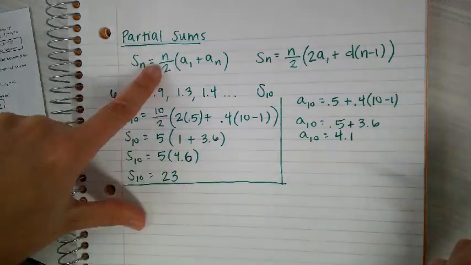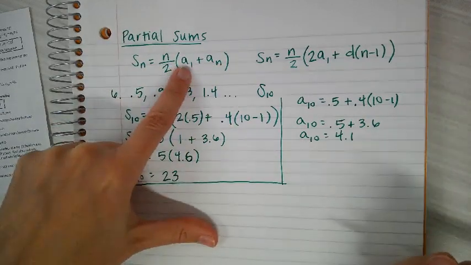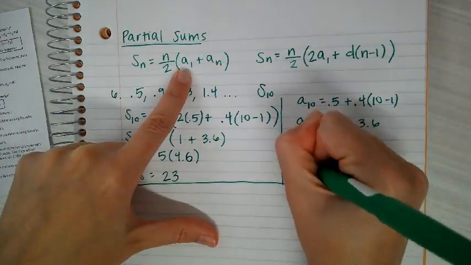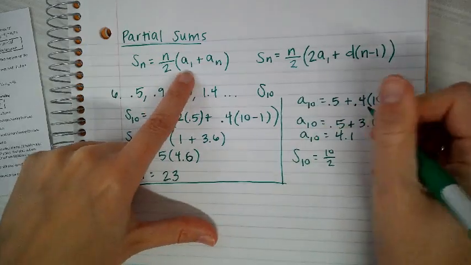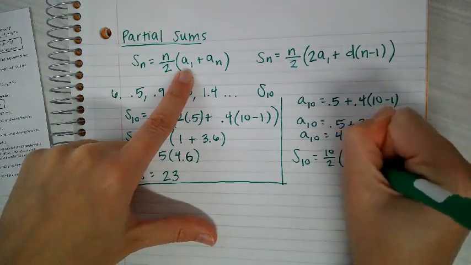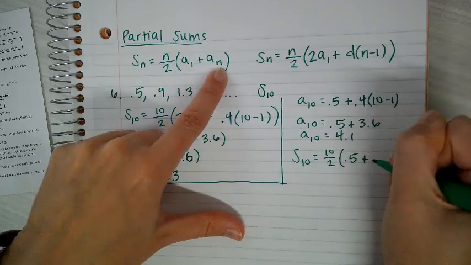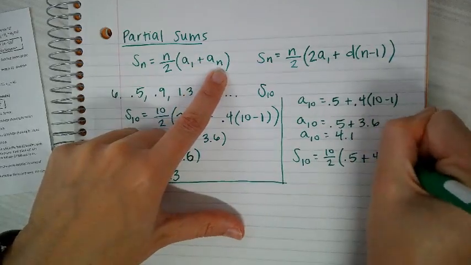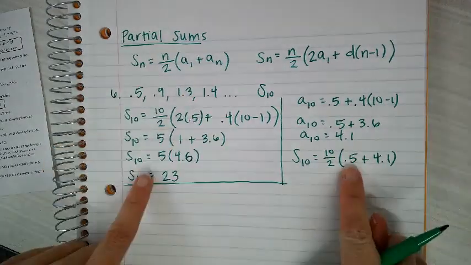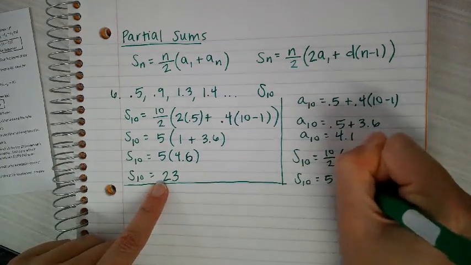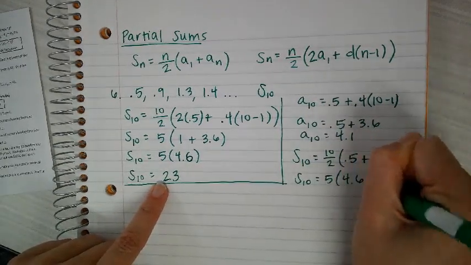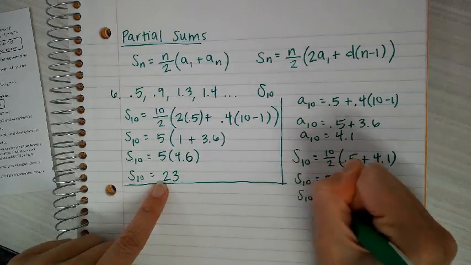And then you could go to the short formula, where you have your first term. So n over 2 would be 10 over 2 still. The first term is 0.5 plus the 10th term is 4.1. And so it ends up being the exact same math of 5 times 4.6, or 23.